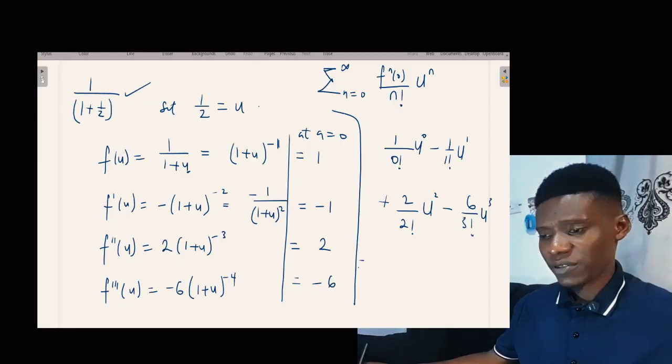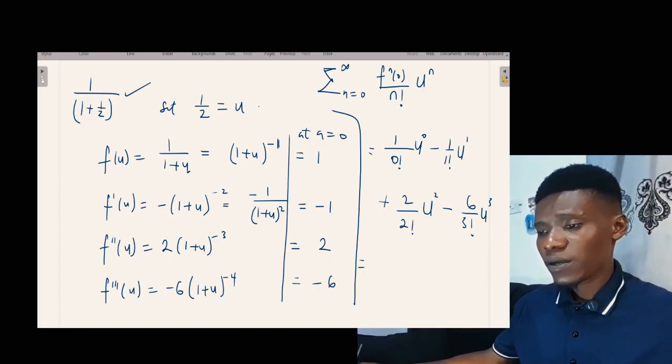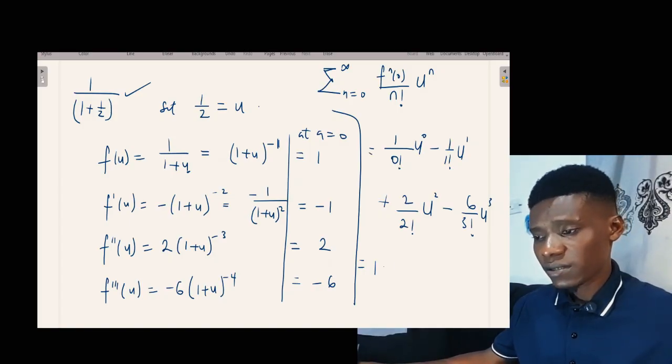And when you simplify this further, this will give you 1 minus u plus u squared minus u to the power of 3.